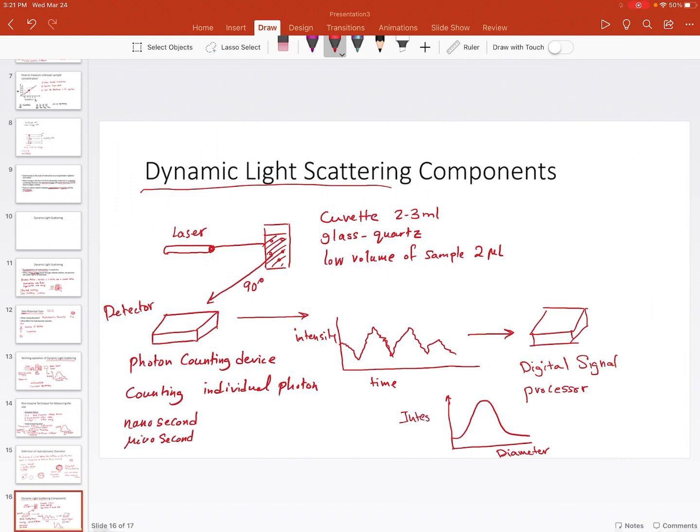This is the diameter and intensity. And this process is called correlating. It is done by the correlator. So one of the most important things to know about dynamic light scattering is how the digital signal processor is going to correlate this data, the intensity fluctuation.